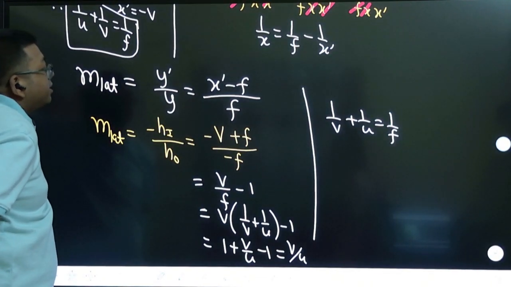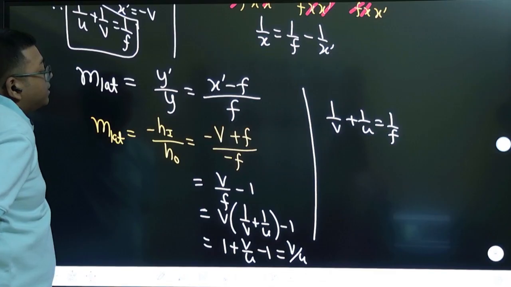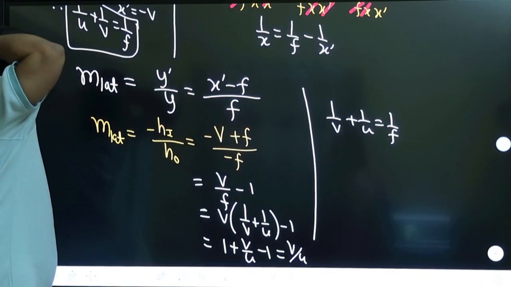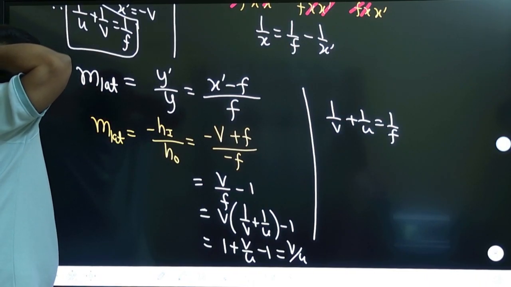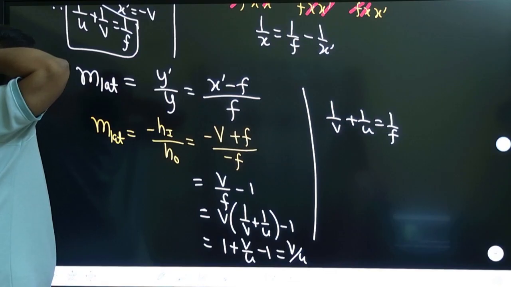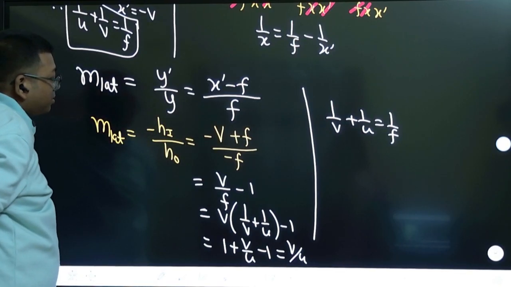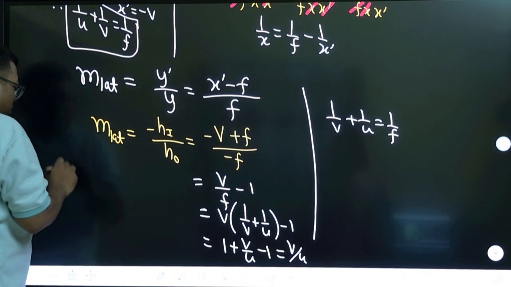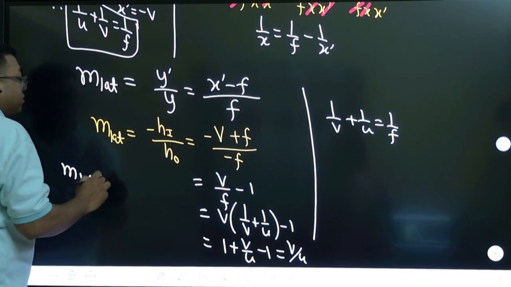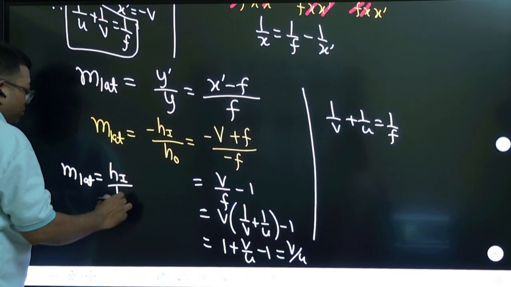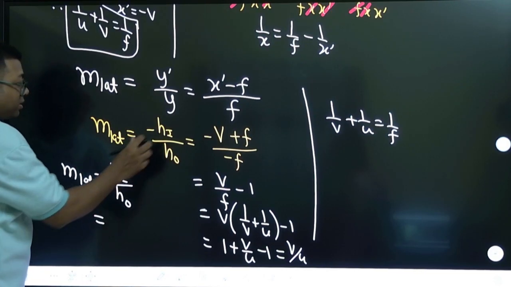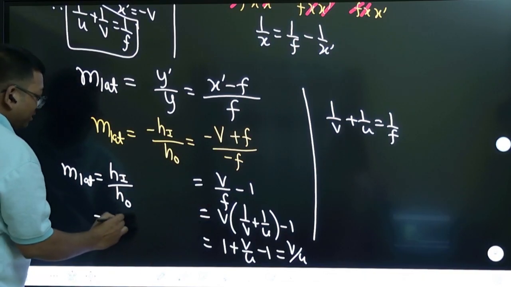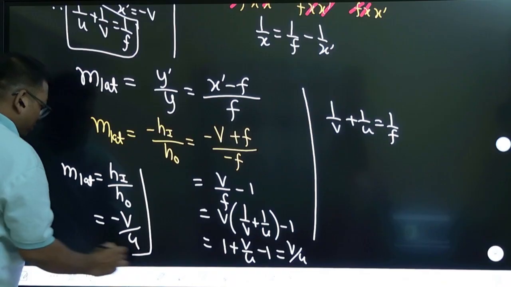But it should give us minus v by u. Where has the mistake happened? I think lateral magnification is defined as height of image by height of object. If they define it with this, that minus term will be multiplied on that side, so that's why minus v by u will come.